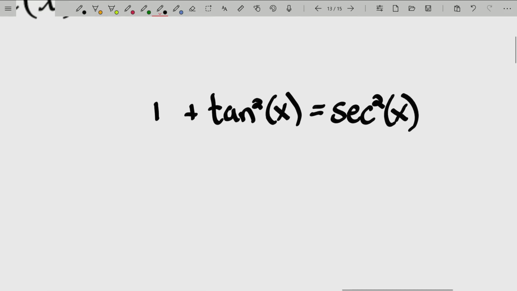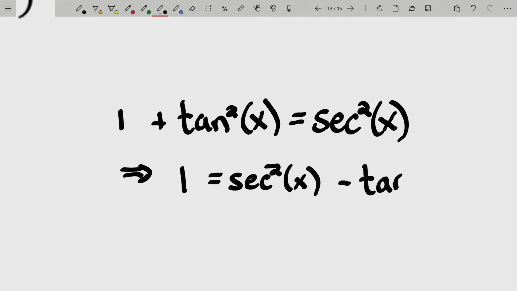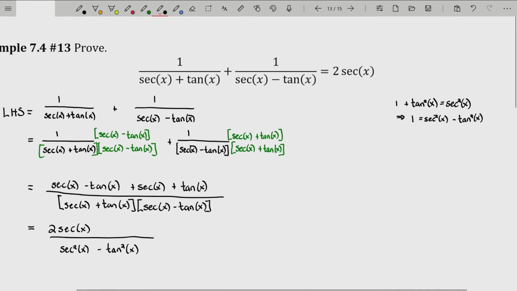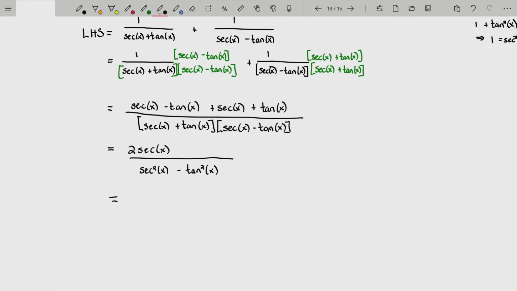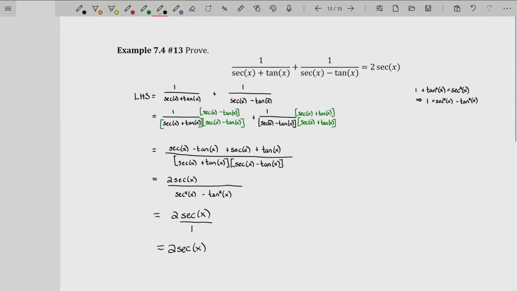So if I subtract tangent squared from both sides, you will see secant squared minus tangent squared is actually 1. So I'm going to trade that out for the number 1. 2 secant of x over 1 is just 2 secant of x, which is exactly what we wanted to get.